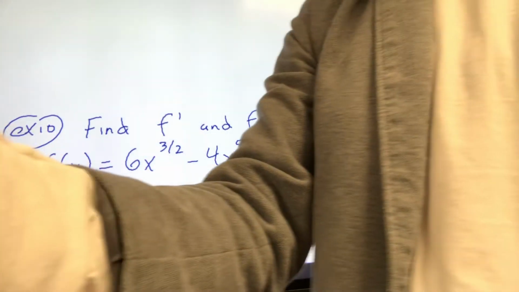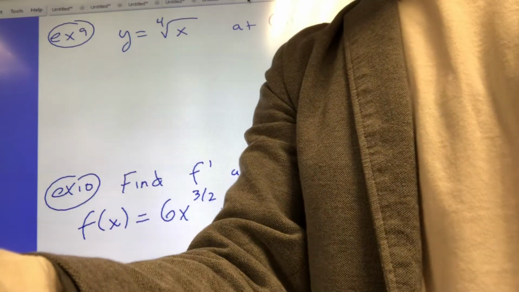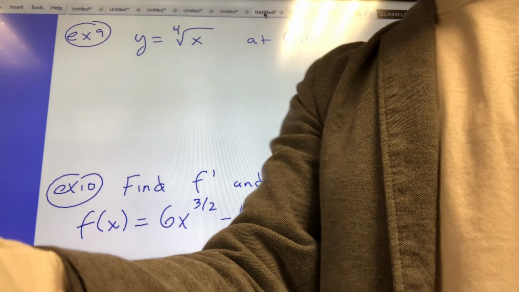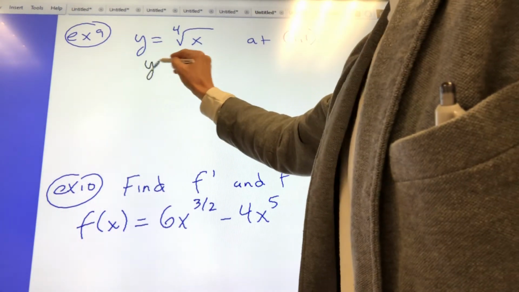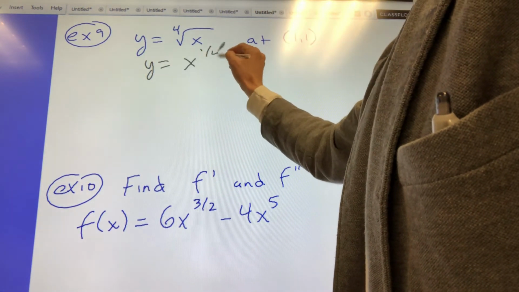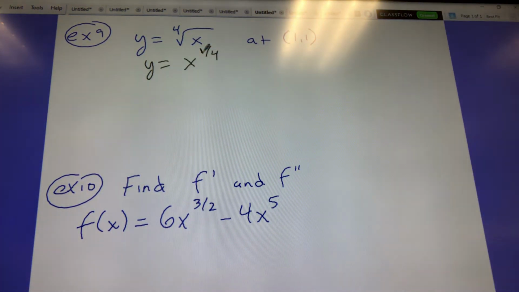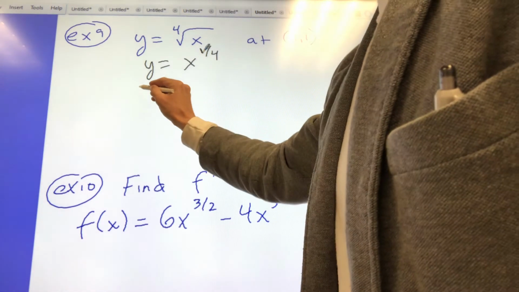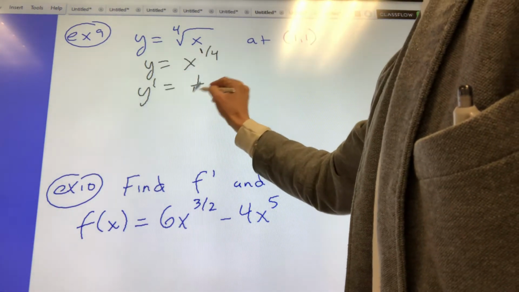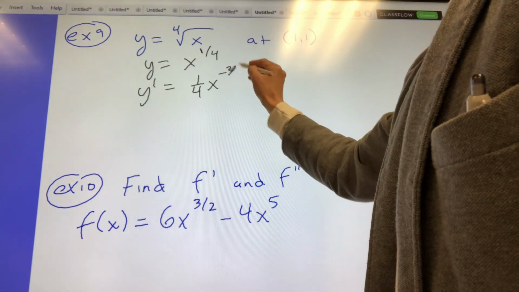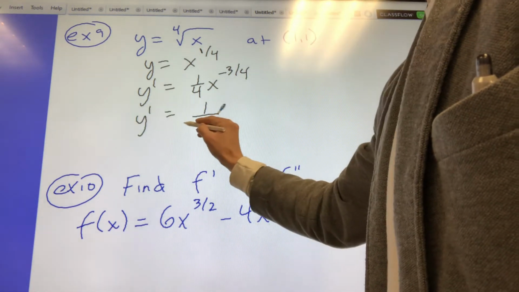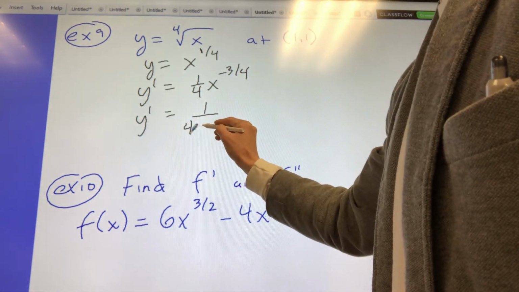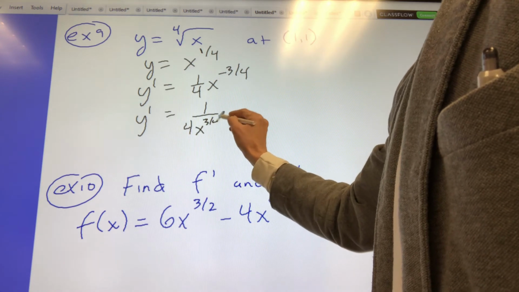Example 9. So first off, you're going to want to say that this is x to the 1/2. Or I'm sorry, 1/4. So y prime would be bring down the power, 1 power less. So really, if you want to evaluate this, which you do, you want to write it like that.